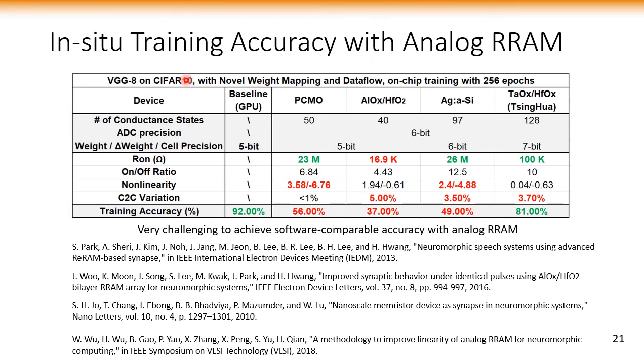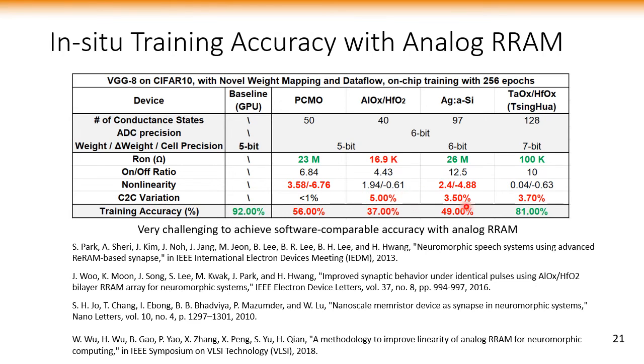However, if we evaluate the in-situ training accuracy with those reported analog RRAM in the literature, we still see most of the devices suffer in training accuracy. Part of the reason is this large nonlinearity and asymmetry. Part of the reason is the large cycle-to-cycle variations, which may overwhelm the gradient calculation from the software ideal values.